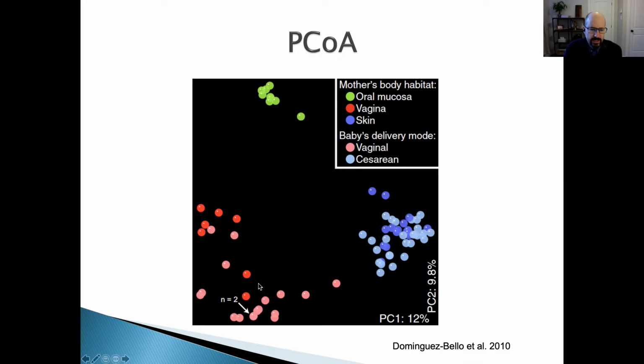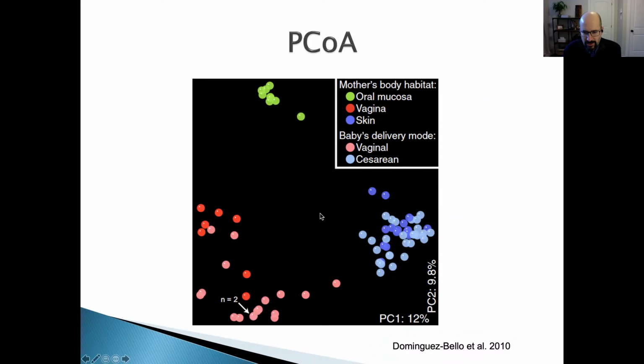And what we can see here is that babies born by natural delivery had a very similar microbiota to the vaginal cavity of their mothers. And babies that were born by C-section were colonized by the bacteria present in the skin of their mother.